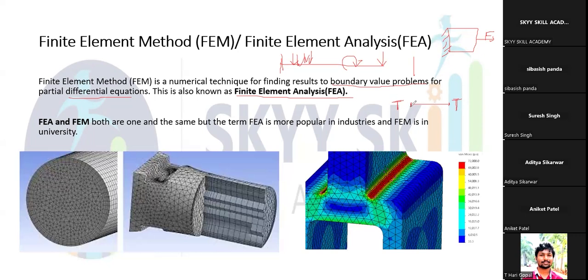This is your thermal analysis, and over here this is your structural analysis, where one part is fixed and I'm having some kind of forces and moments. These are my boundary values. If I'm getting this kind of problem, then I will go for the finite element method or finite element analysis.